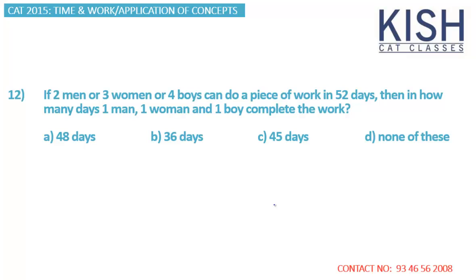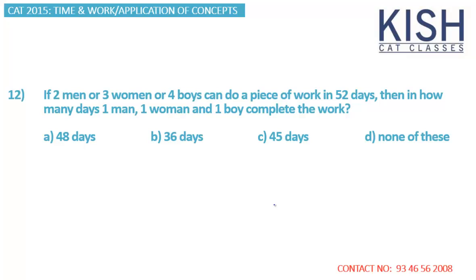If 2 men or 3 women or 4 boys can do a piece of work in 52 days, then in how many days can 1 man, 1 woman and 1 boy complete the work? So 2 men = 3 women = 4 boys.